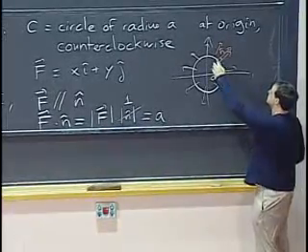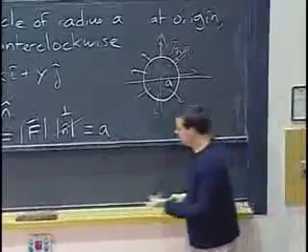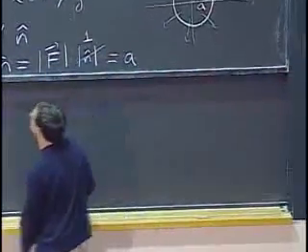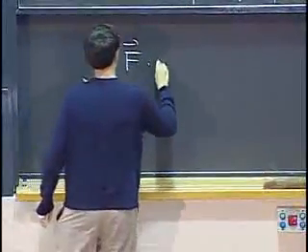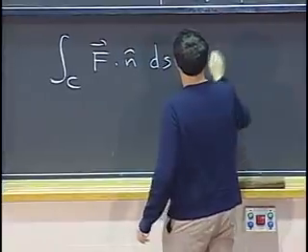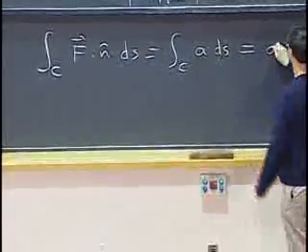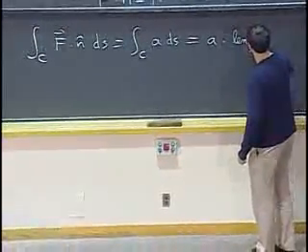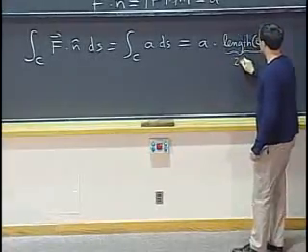So, in fact, F dot N is constant, always equal to a, so the line integral will be pretty easy, because all I have to do is the integral of F dot N ds, which becomes the integral of a ds. a is a constant, so I can take it out. And integral ds is just the length of C, which is 2 pi a.